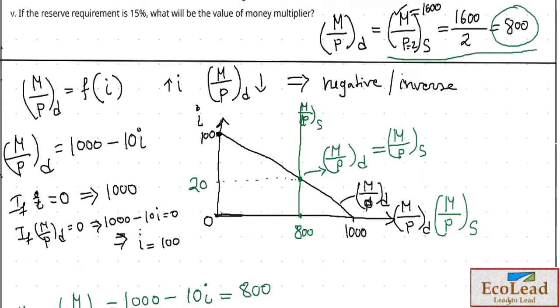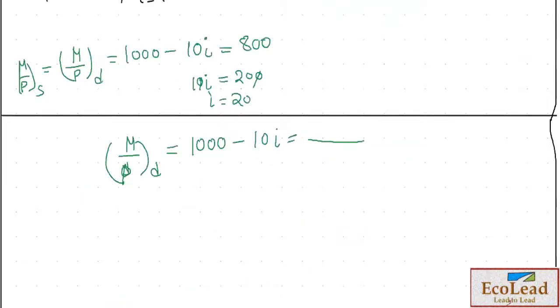So what is this 1800? This is the nominal money supply. So we have to divide it by the price level. The price level is 2. So we will write here 1800 by 2, which means 900. So the equation here will be 1000 minus 10i equal to 900.